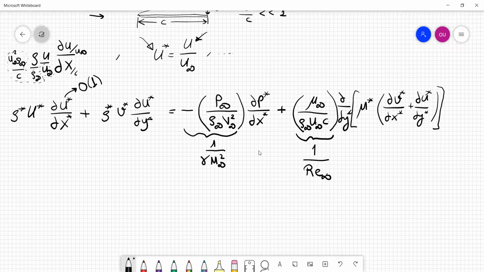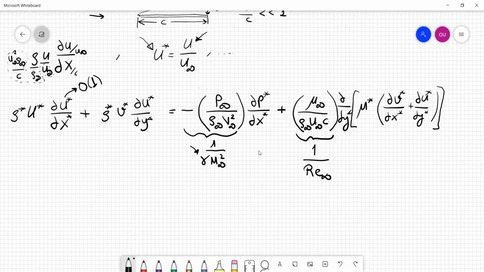This is the Mach number. If you remember, Mach number is indeed also a non-dimensional quantity. Gamma, the specific heat ratio we have seen in the first part of the semester, is also a non-dimensional quantity. And Reynolds number is also a non-dimensional quantity. So this entire equation is therefore a non-dimensional equation.